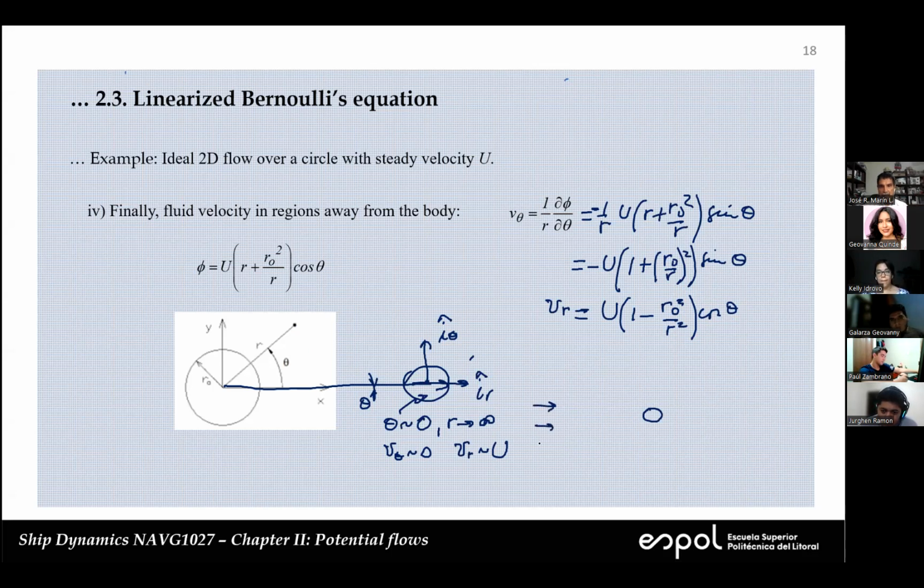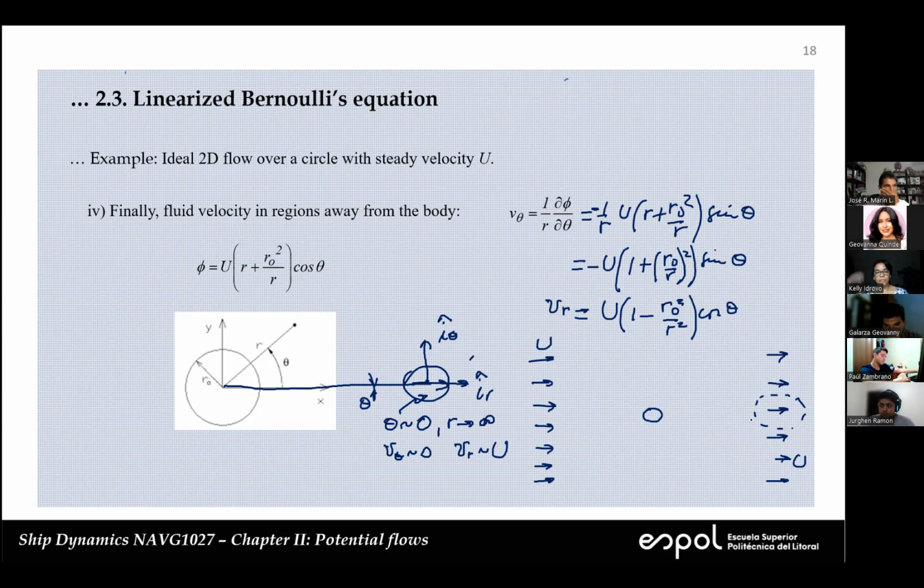Away, you have this is u. So that we are analyzing this area here, well ahead of the body. And here, I do not expect any influence from this guy.